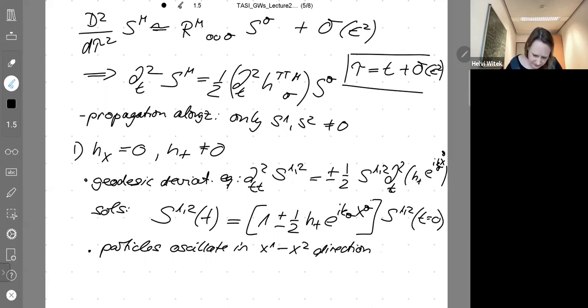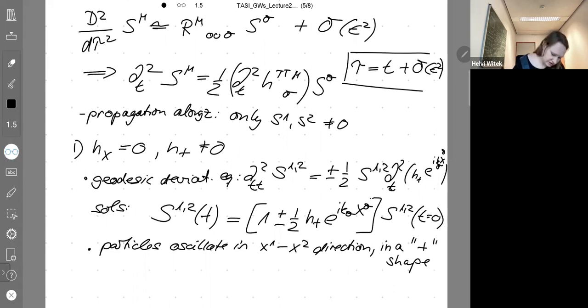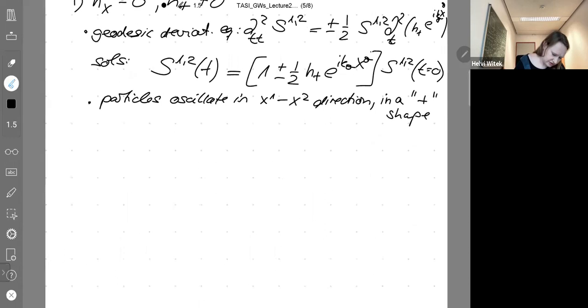And what I will sketch in a moment is that the shape of this oscillation will resemble a plus. So let me briefly sketch that.